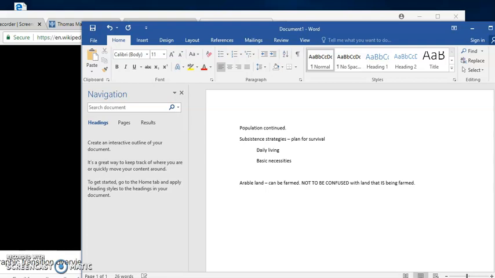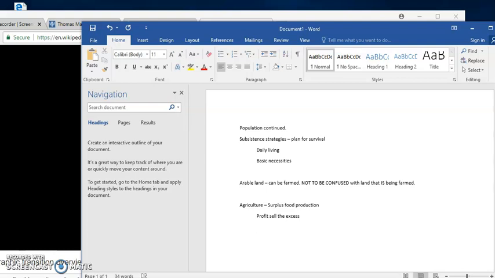So this is agriculture-centered. Agriculture is a kind of subsistence strategy that focuses on surplus food production so that you can make a profit or sell the excess or trade the excess that you have in order to get other products.